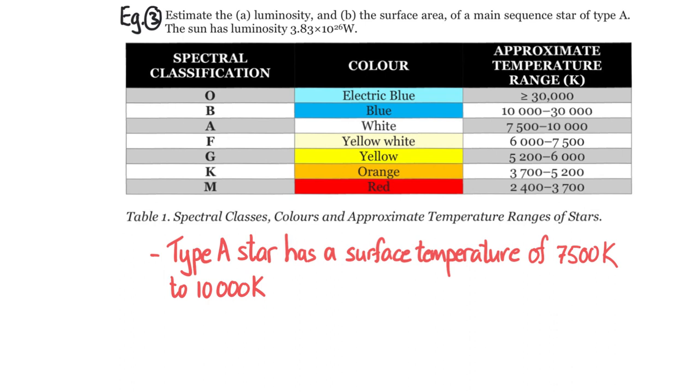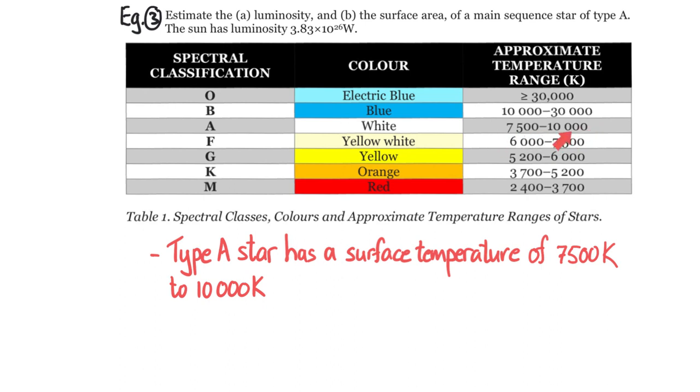So what we do firstly is we go to the table. Obviously, we would not expect you to know this table to every detail off by heart. So we have this table, and a type A star has a surface temperature of 7,500 Kelvin to 10,000 Kelvin. So we've got a type A star there, which would be a white star, as we would call it.